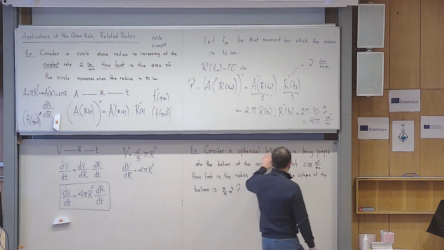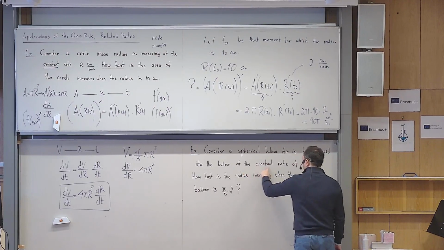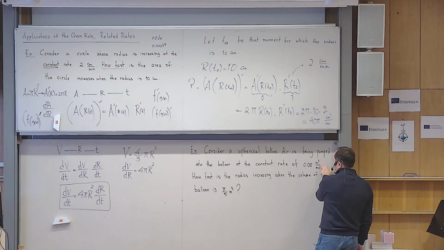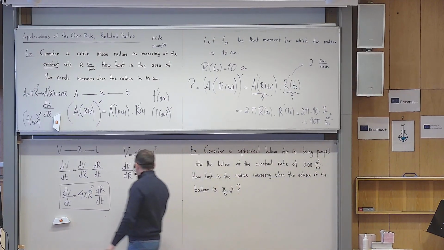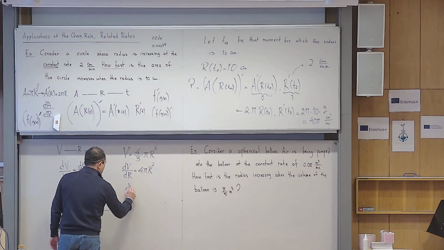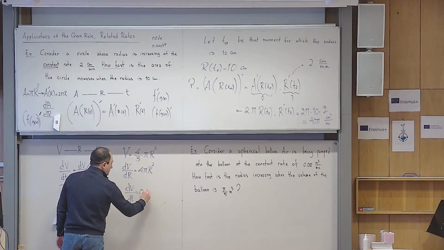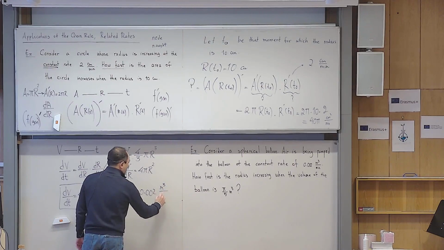Consider a spherical balloon. Air is being pumped into the balloon at a constant rate of this. Which quantity is given? Cubic meter per minute: volume, time. So which one is that? dV/dt is equal to what? 0.002 cubic meter per minute.